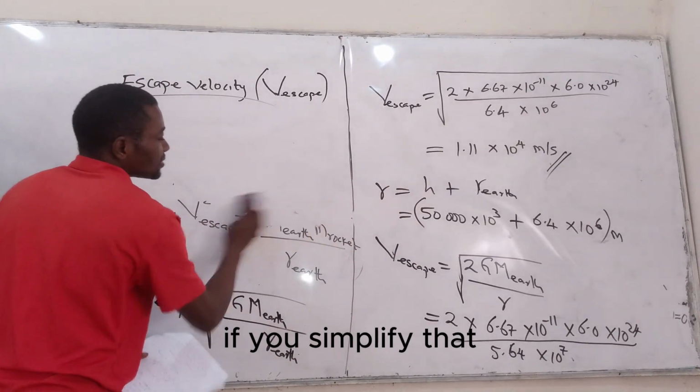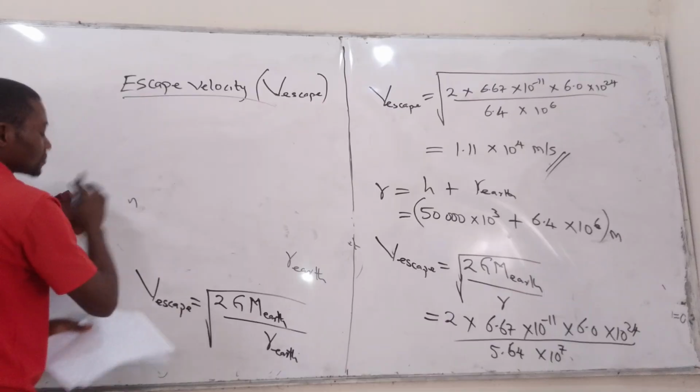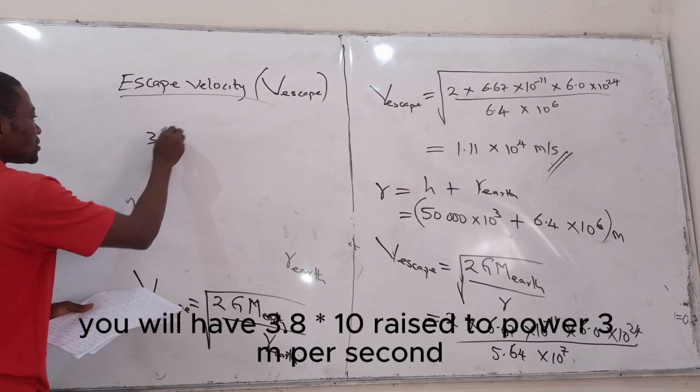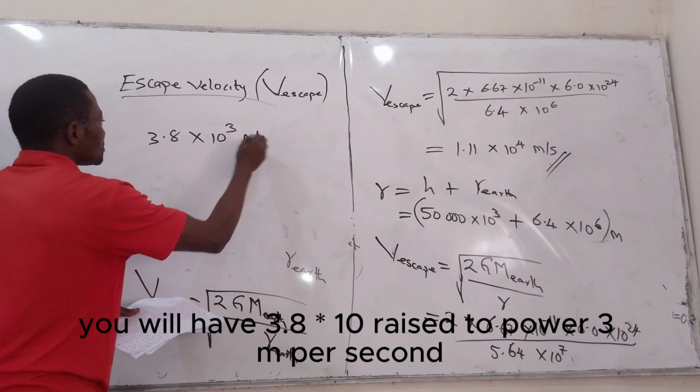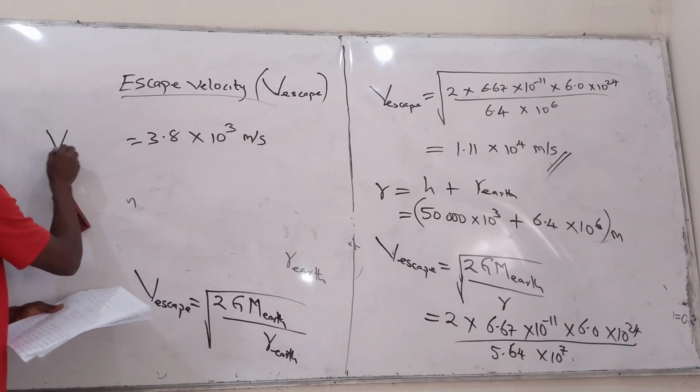If you simplify that, you will have 3.8 times 10 raised to power 3 meters per second.